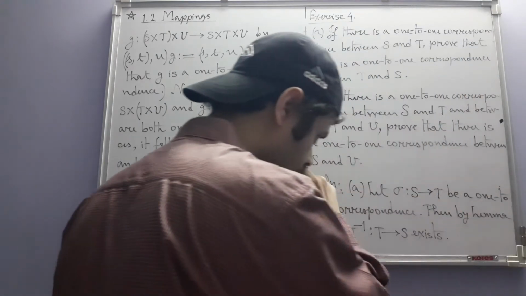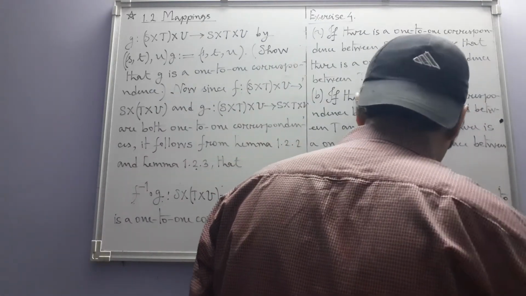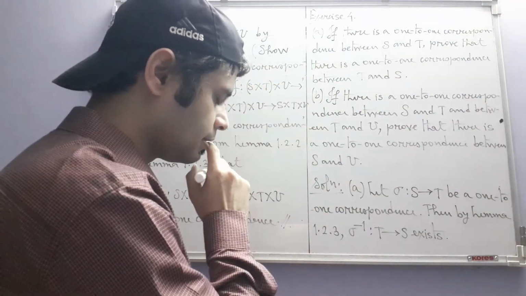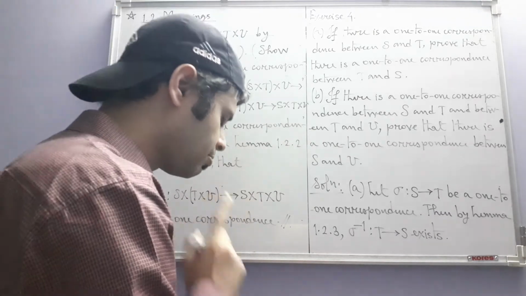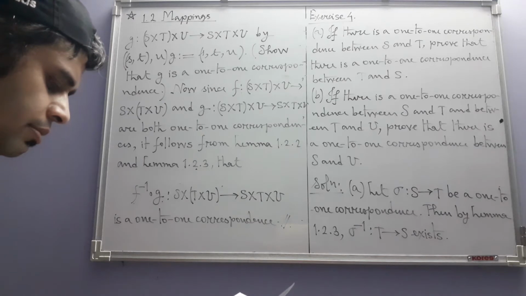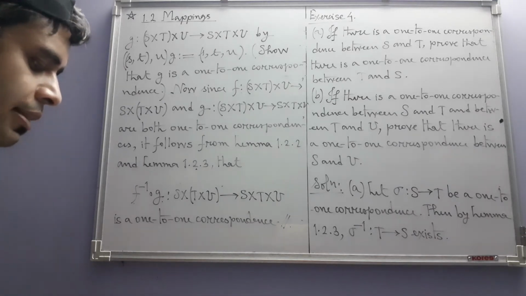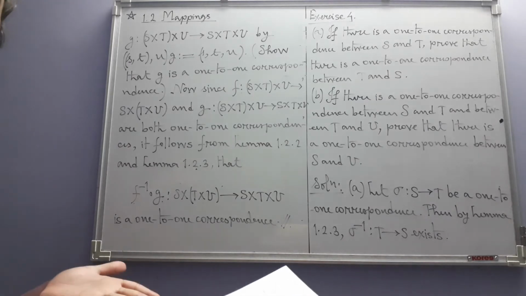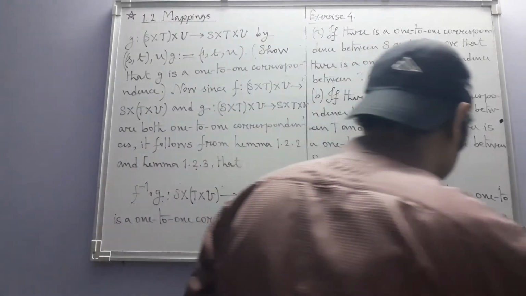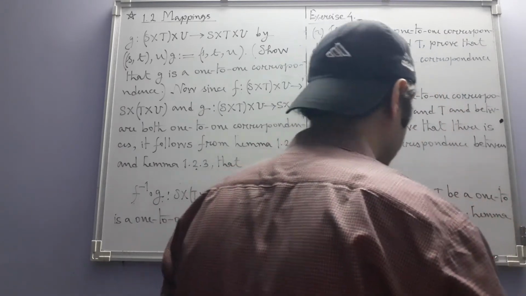For that, what shall we do? Let us first show that sigma inverse is onto. Have we shown this or not? I'm not sure. We could not have shown this, because otherwise this exercise would not exist. Or we showed something similar, I think.